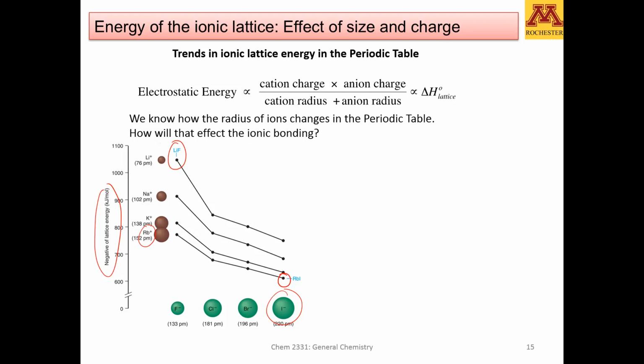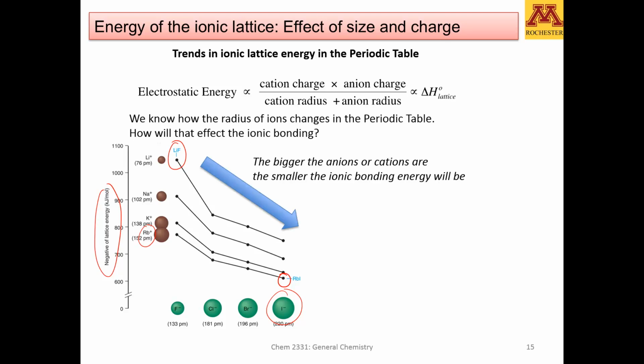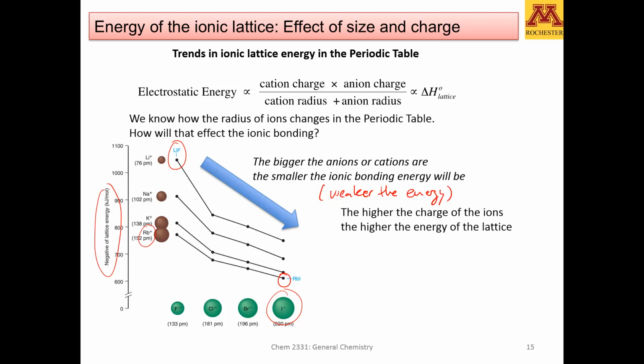So this model, as simple as it may be, helps us predict some of the basic trends. Take home message, what we already said: the bigger the ions, the weaker the ionic bonding energy is. Remember that it's a negative number, but let's say that the weaker the energy, the weaker the lattice. And of course, the higher the charge, the higher the energy, or the stronger the bond will be.